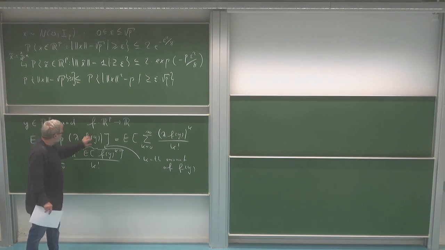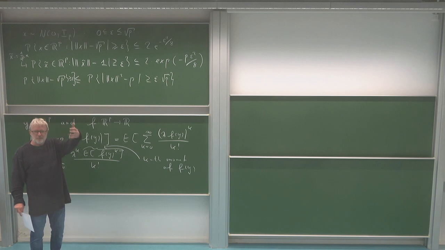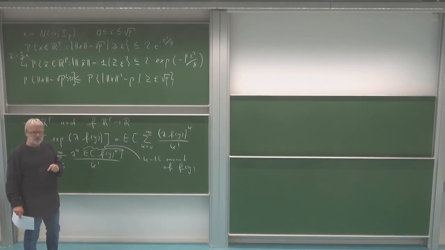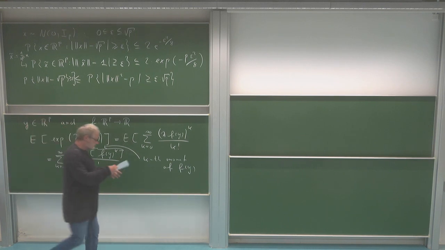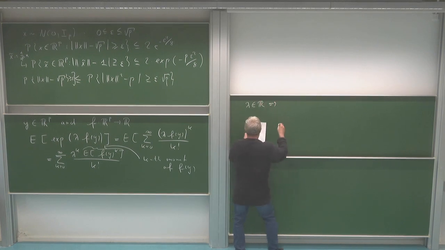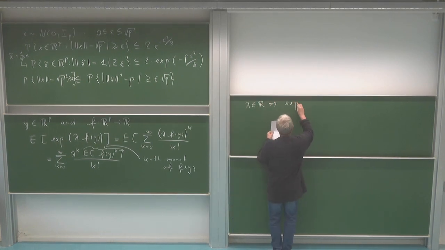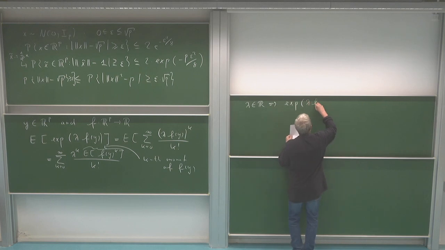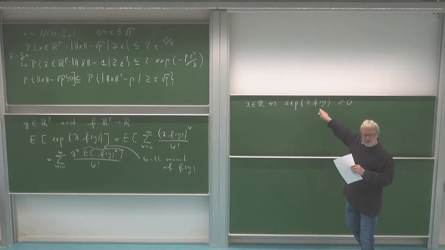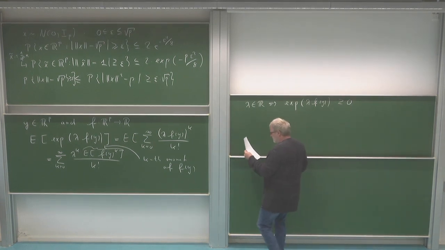Going from f of y to this is a monotone mapping if lambda is positive, because the exponential function is monotone increasing for positive lambda. So for each lambda in R, this function, e to the lambda f of y, independent of the value of y, is positive, which means I can apply Markov to this guy.